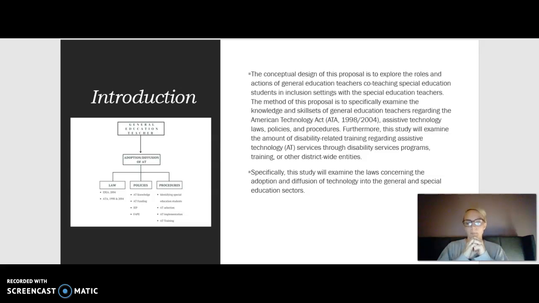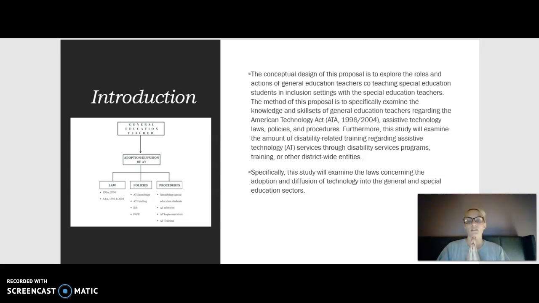That is the idea. So assistive technology is a gateway for students to gain independence, especially special education students. Under IDEA 2004, we also have the American Technology Act, which includes laws, policies, and procedures that are specifically geared towards the inclusion and implementation and proper selection of assistive technology devices and tools for special education students.